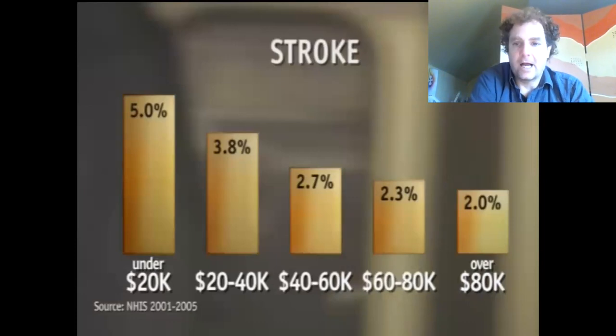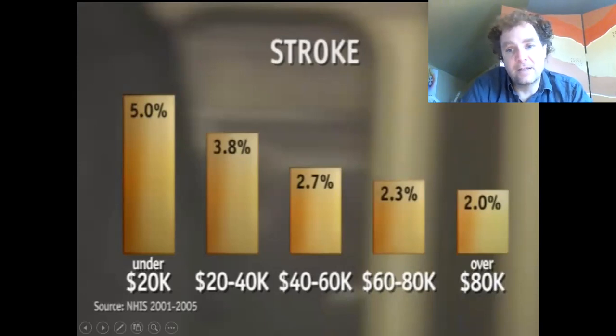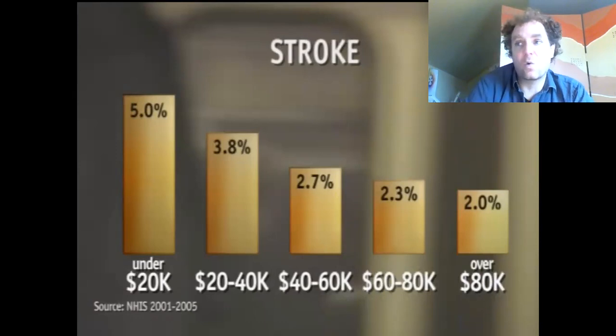More money means less of a chance of having a stroke, and again, the relationship is pretty stark. A stroke is a very serious health problem. Somebody who has over $80,000 has half the risk of having a stroke than somebody who has less than $20,000. That's quite a dramatic relationship.